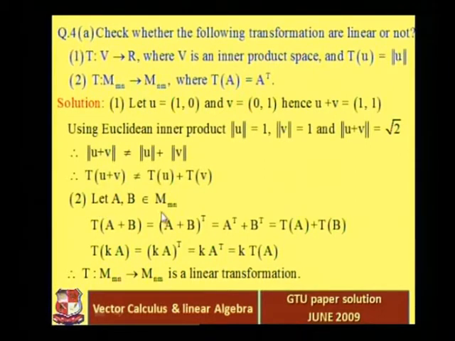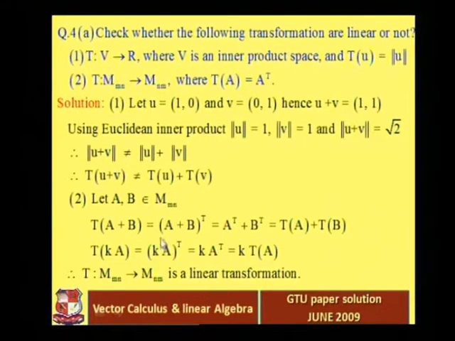The next one: let A, B belong to the set of n cross n matrices. Then T of A plus B is equal to A plus B transpose. Now using the property of transpose, A plus B transpose can be expressed as A transpose plus B transpose, that is equal to T of A plus T of B. Now T of K times A is equal to K A transpose, that is equal to K times T of A. So hence the first one is not a linear transformation and the second one is a linear transformation, right?